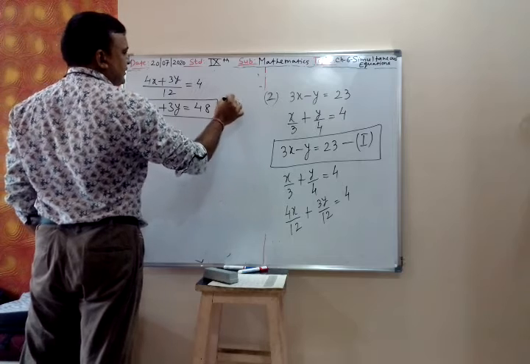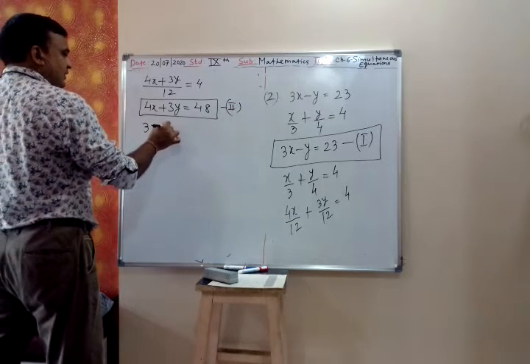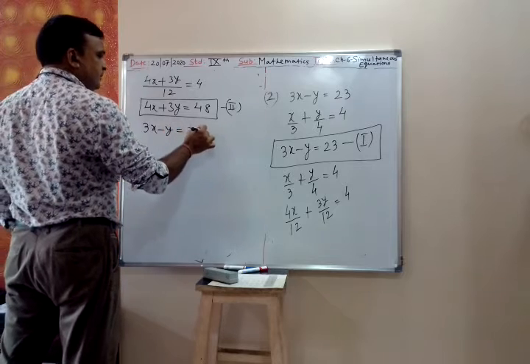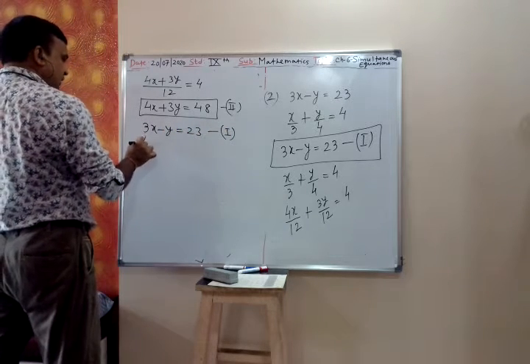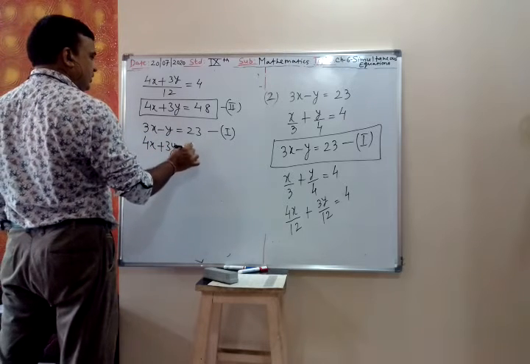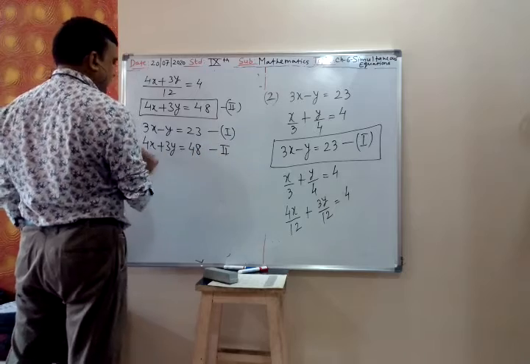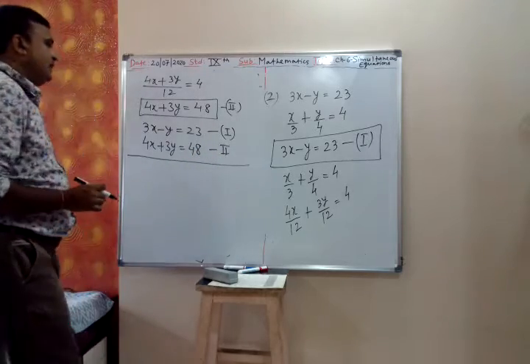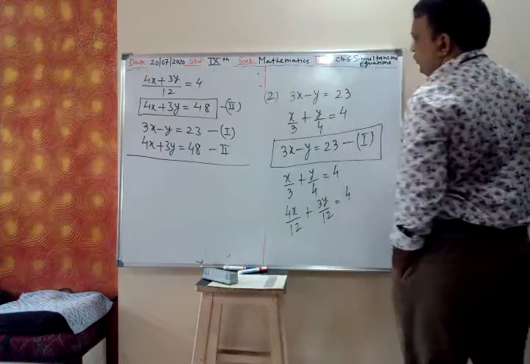So now I will write equations 1 and 2 together. Equation 1 is 3x minus y is equal to 23. And equation 2 is 4x plus 3y is equal to 48. Now we have to solve this by equating the coefficient of x or the coefficient of y.